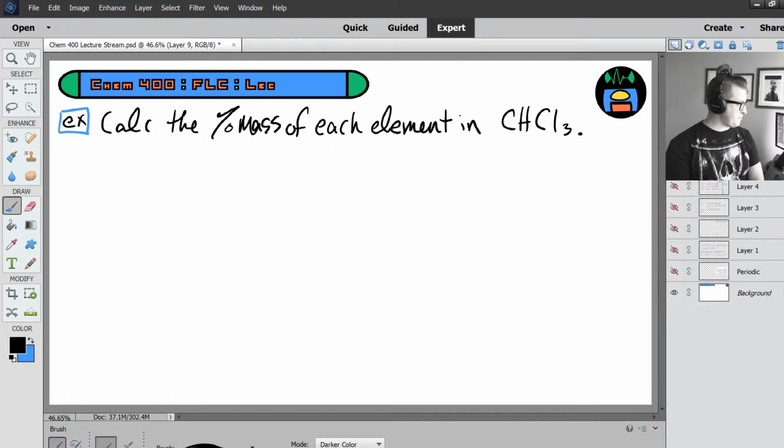Let's calculate the percent mass for each element. Starting with carbon, let's give carbon first go.